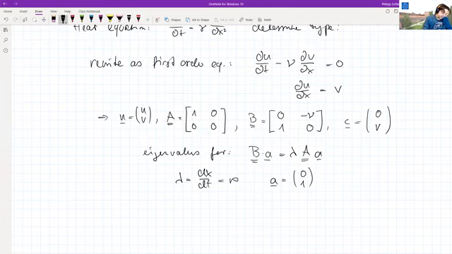Now, of course, it's a bit funny that I write lambda as being infinity. Of course, it just means that dx over dt is infinity. If I would now write dt over dx, so if I had switched over everything, this would be 0. So that's maybe easier to understand. But now I'm doing it with dx over dt, so I get infinity.